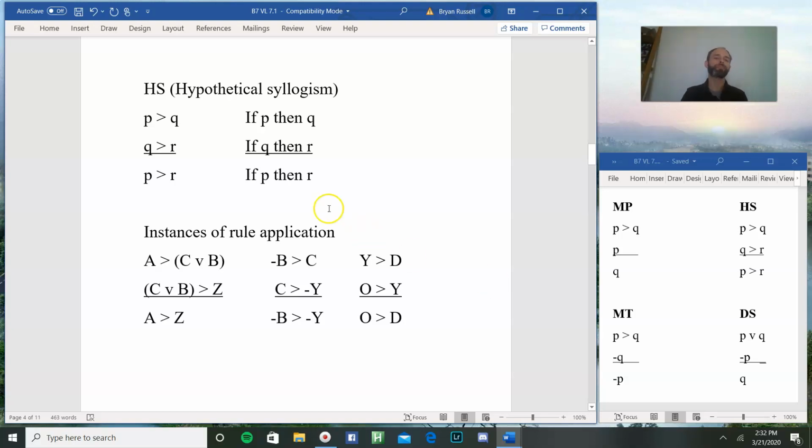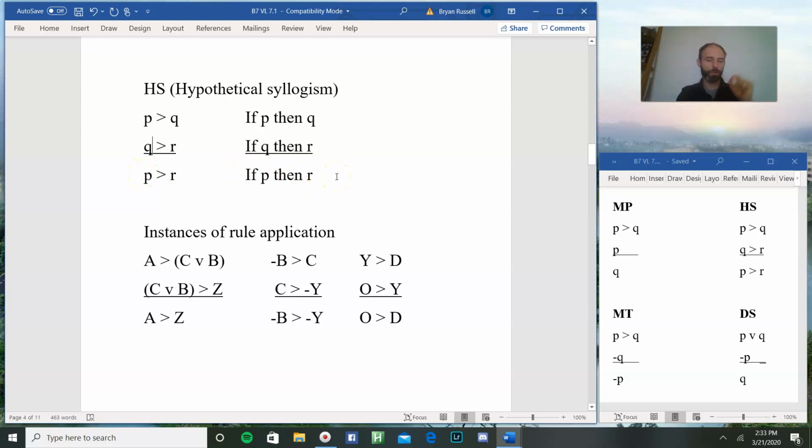HS tells us, if you have two lines where the main operator is a horseshoe, and the consequent of one of them is the same as the antecedent of another, then you can lose those parts that are the same, carry down the rest, so we'll carry down P, and we'll carry down R. One way you can keep track of this is cross out the things that are the same, so cross out the Q's, carry down the rest, and we'll be left with if P then R.